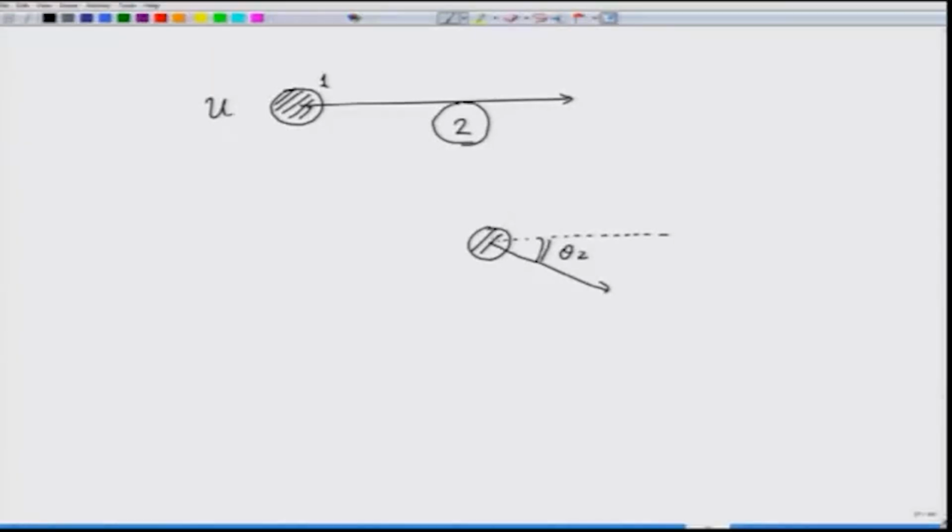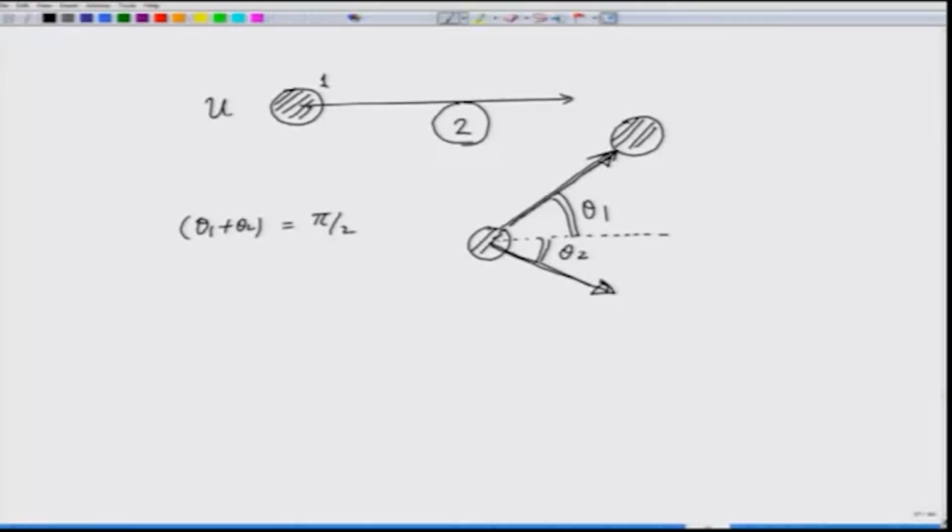And ball 1 starts moving at some other angle this way, which I will call theta 1. We wish to show that theta 1 plus theta 2 is equal to pi by 2.